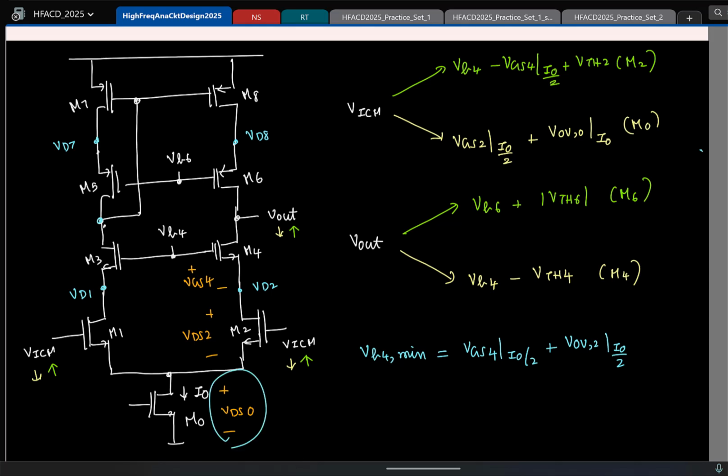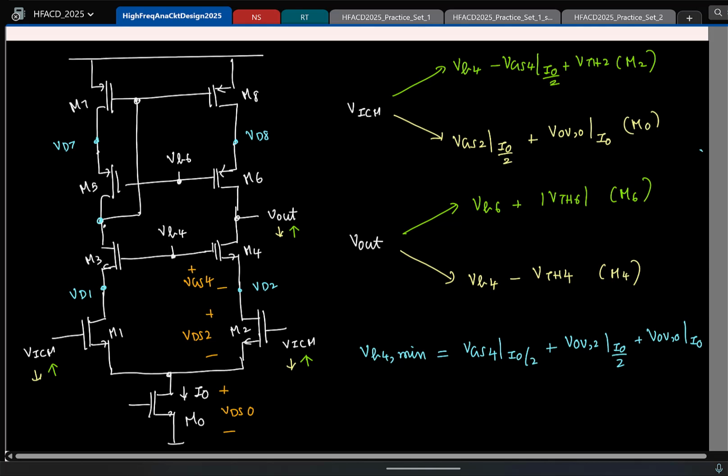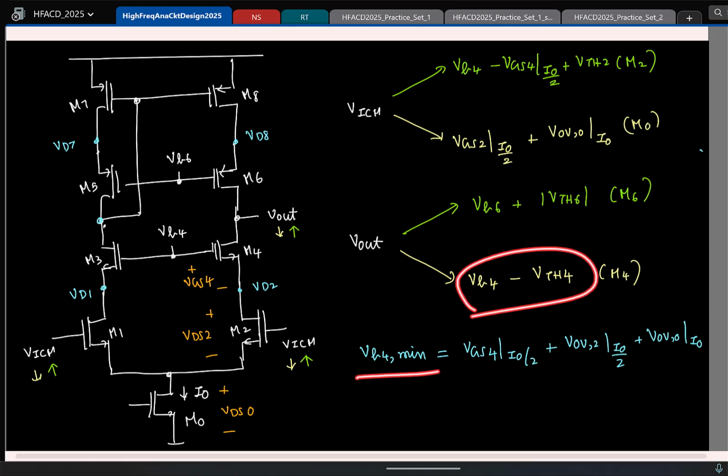And the minimum you can go here is the overdrive of M0 at a current I0. Right?